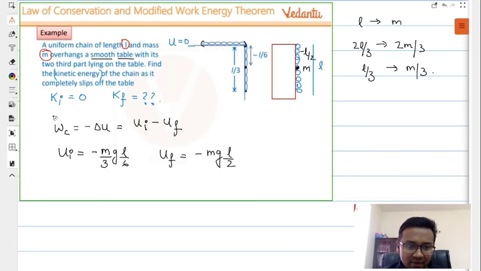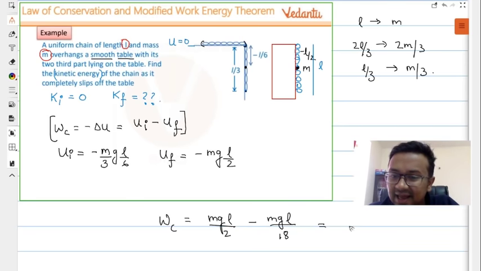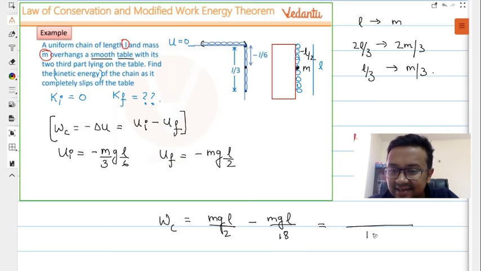Then, as per what we want to calculate, the work done by the conservative force is going to be mgL by 2 minus mgL by 18. Okay, students, I'll take 18 as the LCM here.